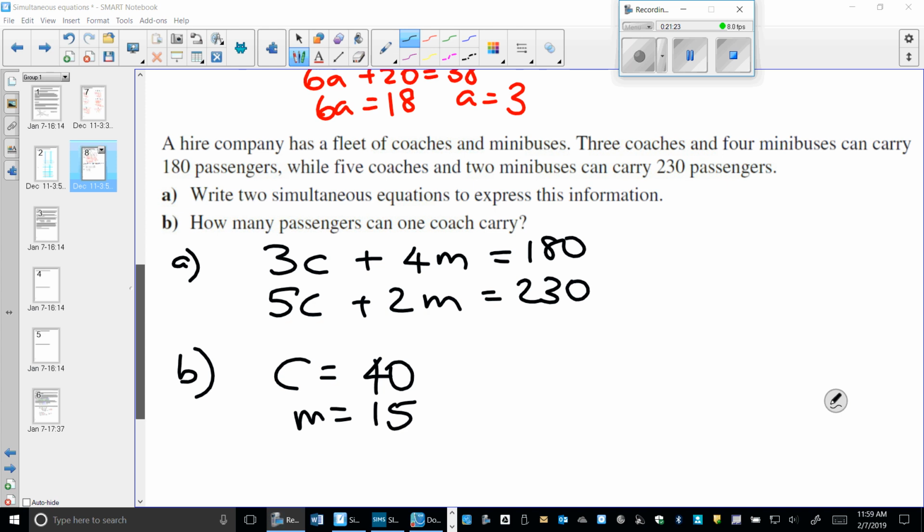I should have made sure that we read the final question, to say how many passengers can one coach carry? The answer is a coach can carry 40 passengers. They actually didn't care how many people go in the minibus. So make sure that you're actually answering the question that they've asked you. That's the final thing for you. Okay? Are we good?